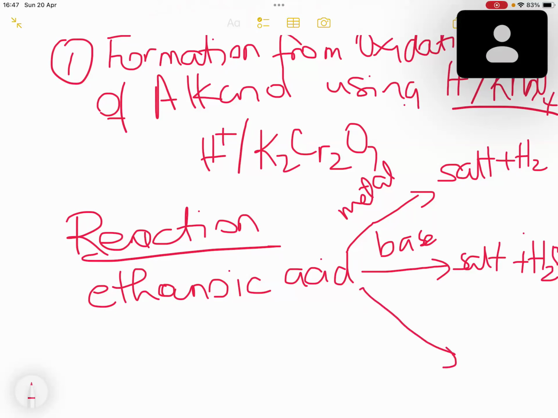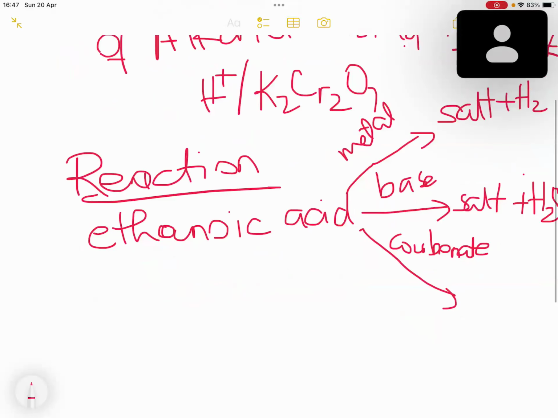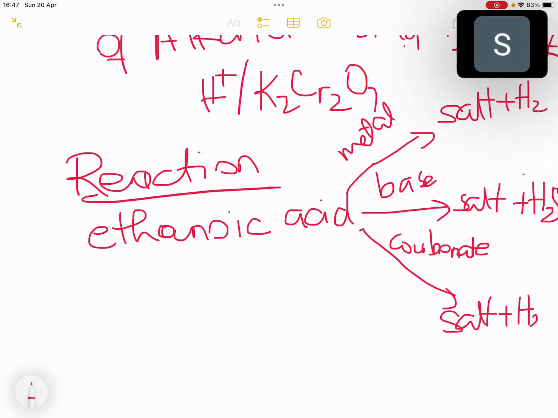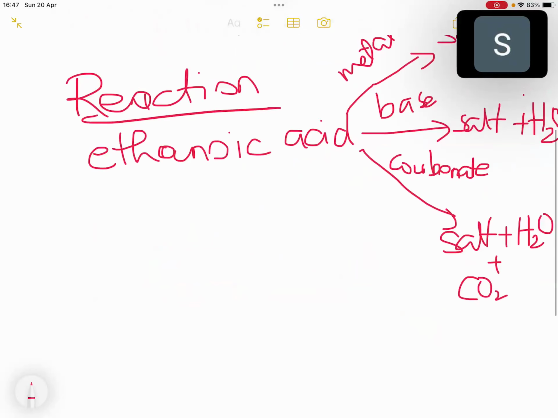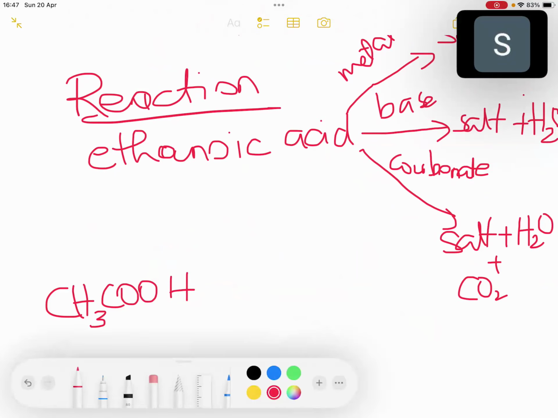They can also react with carbonate. And when we say carbonate, we mean metal carbonate or metal hydrogen carbonate. When they do that, they form salt, water, and CO2 gas. Now, what we need to remember is that ethanoic acid has a lot of hydrogens, but the acid hydrogen is the one which forms the H plus ion when dissolved in water.